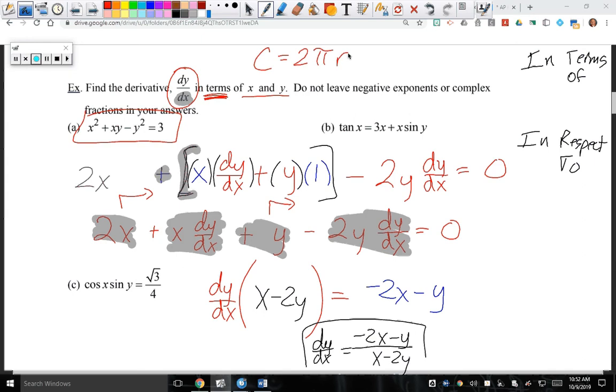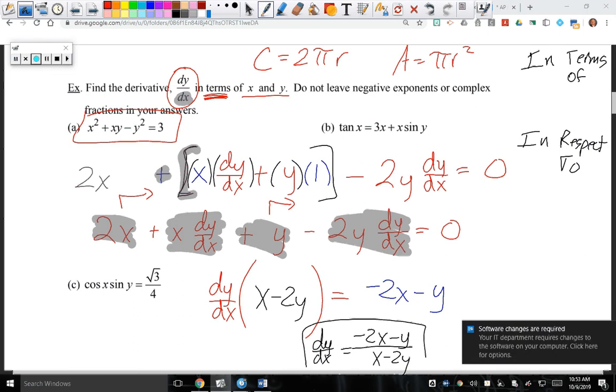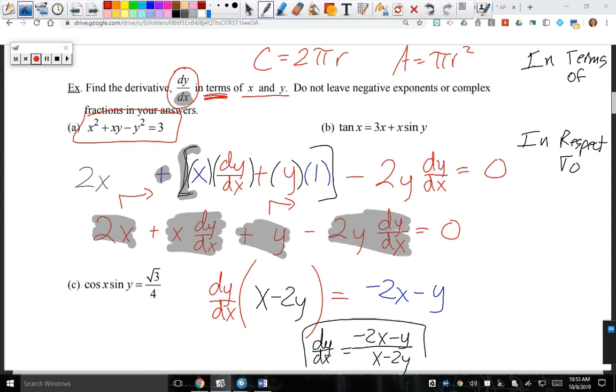C is written in terms of what? R. Good. A is written in terms of R squared? No, not R squared, just R. You're just stating the variable. But what people will mistakenly do, and nice job, is say it's written in terms of pi and R. But you can't do that because pi is a what? Constant. Okay?